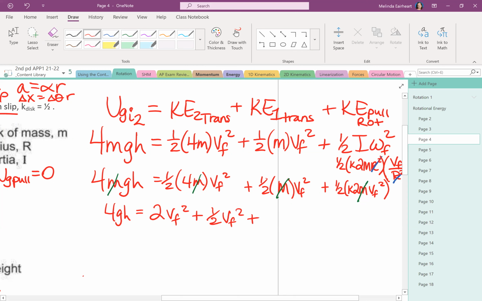And then I'm also going to plug in our K value. They said it was 1/2. And so K is 1/2. And so what's half of 2? Yeah, or just keep the half. And combine like terms here on the right. And so 2 plus half, 3 Vf squared equals 4gh.